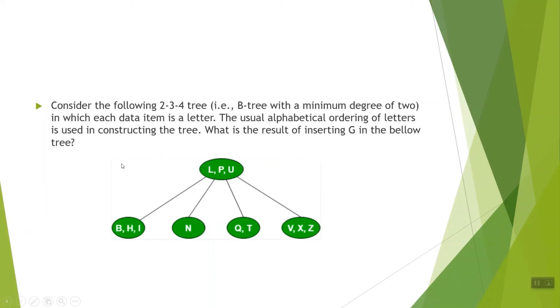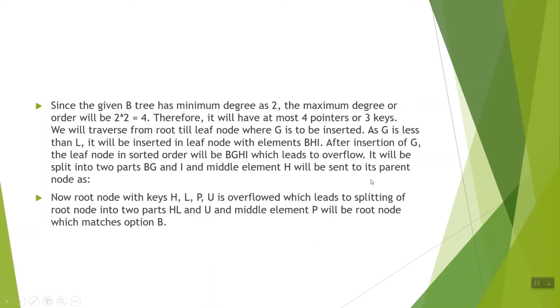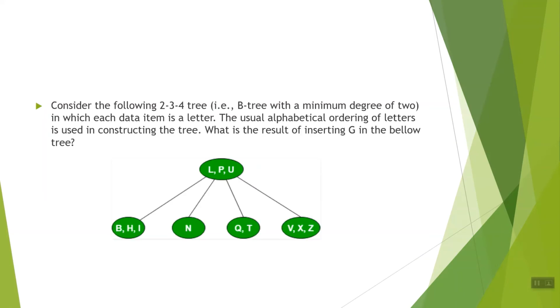So we have to insert G. Now G will be inserted in the first node, BHI, because G is lesser than L. So what we will do, we will insert the G in the first node and it will be split, and one key will go up.